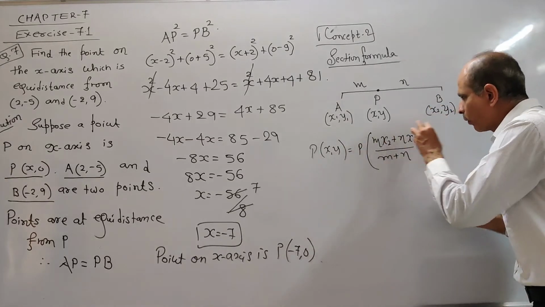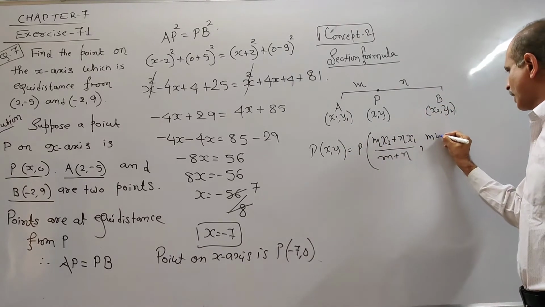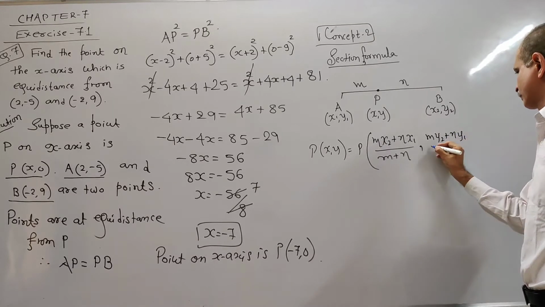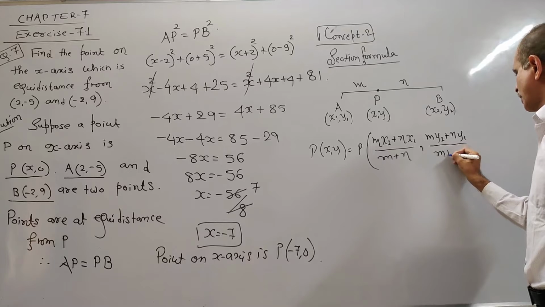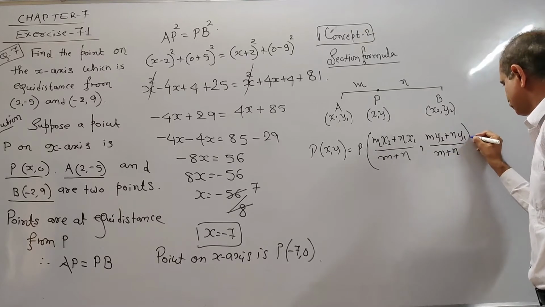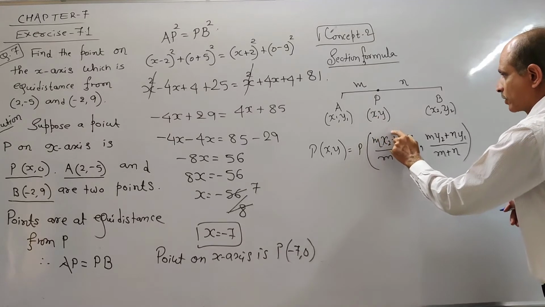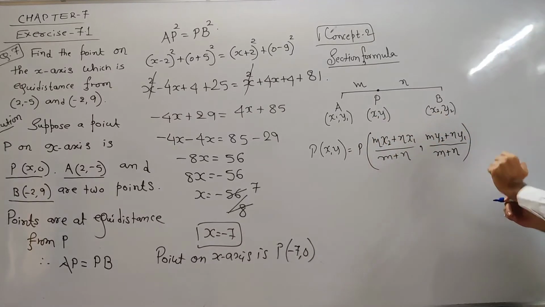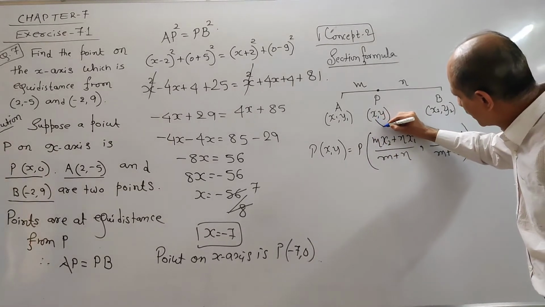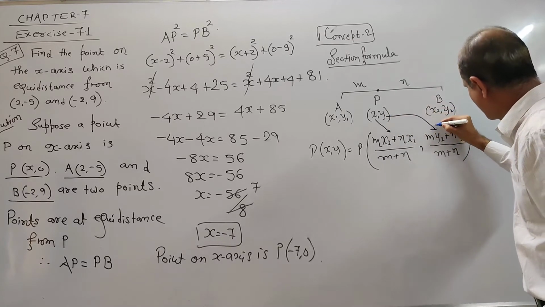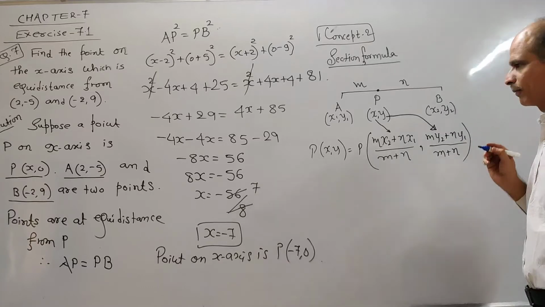Similarly, the y coordinate is (m y2 plus n y1) upon (m plus n). So this is your formula to find the x coordinate as well as the y coordinate.